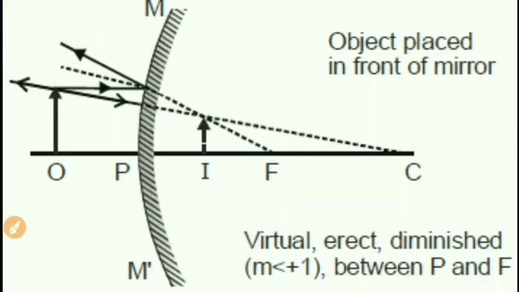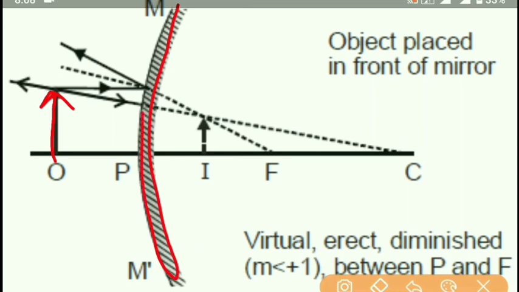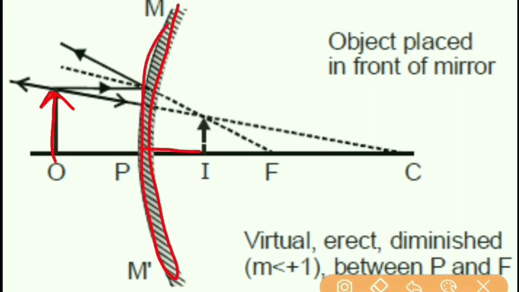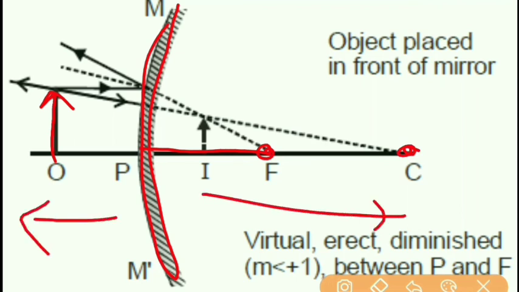Now the second case is when the object is near the pole. See students, there are no such cases as on C, between F and C, or between F and P, because you can see this is the curved part of the mirror. The focal point and center of curvature are on this side, and the object is placed in this direction.